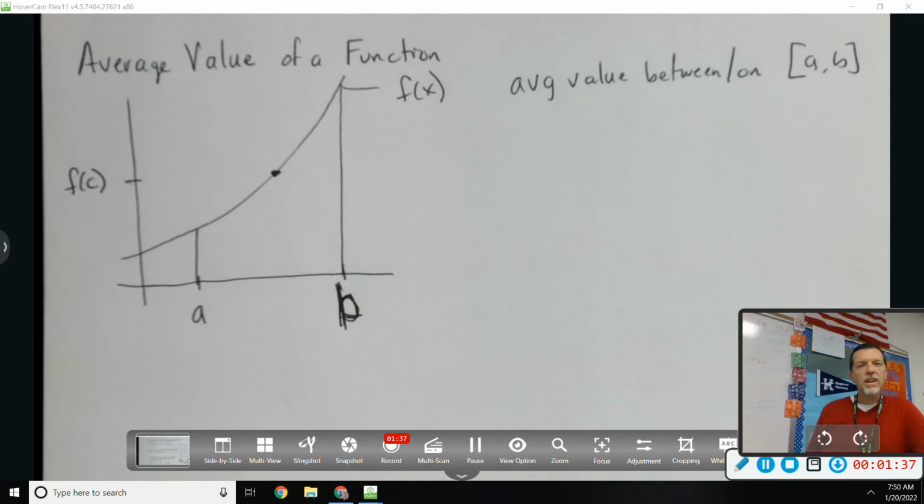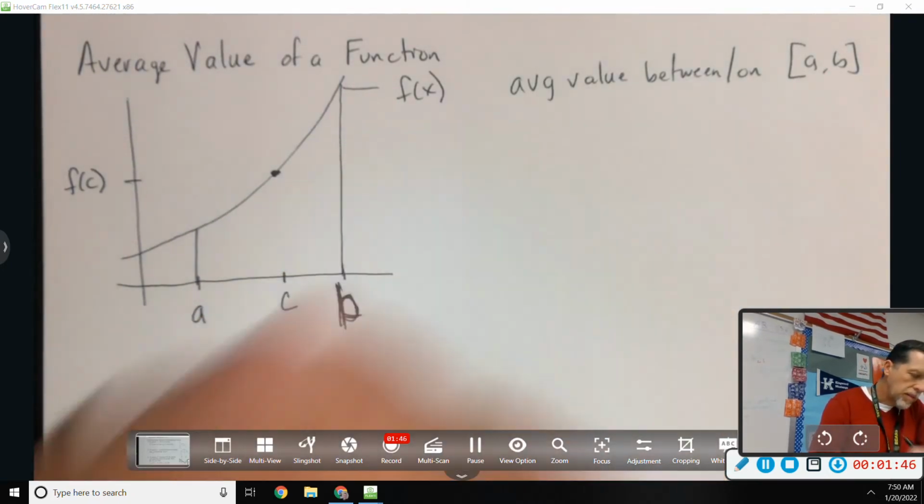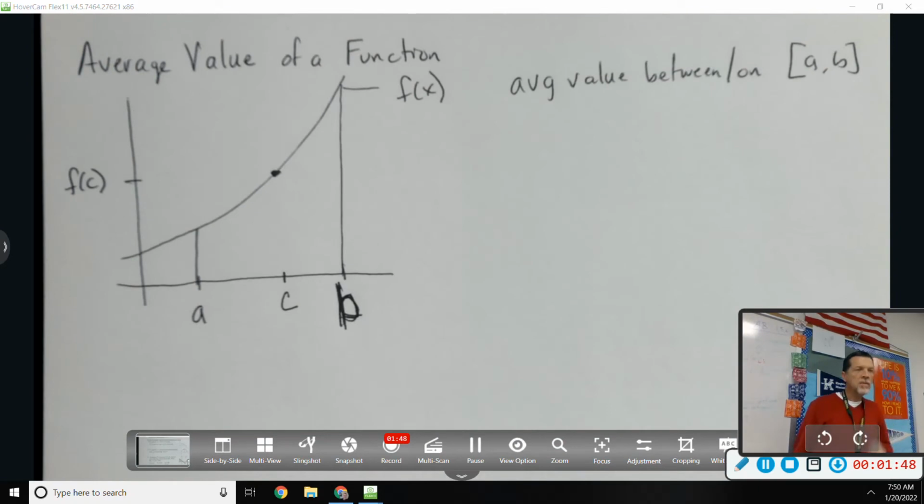f of c. I'm going to have to work backwards to figure this out. So somewhere at c, the average height is f of c.